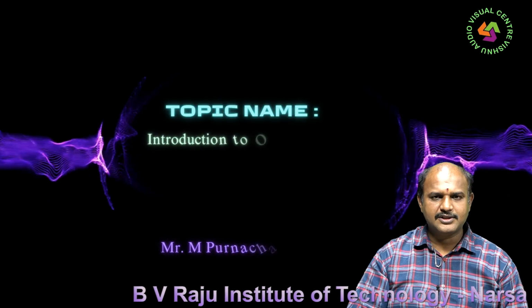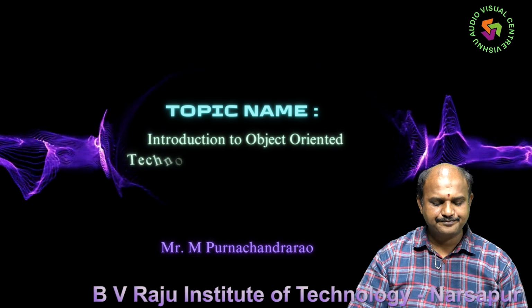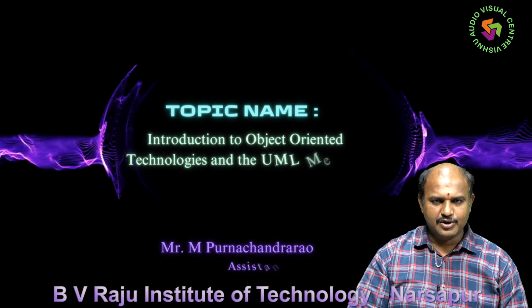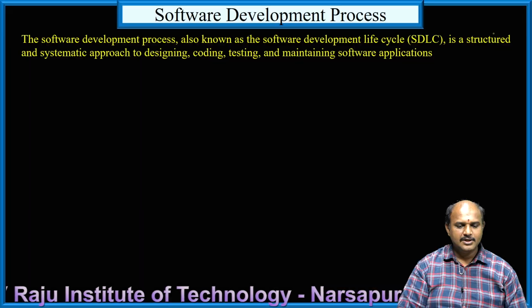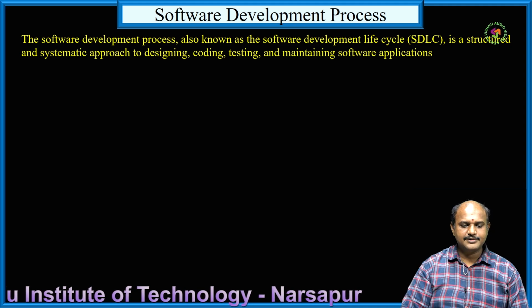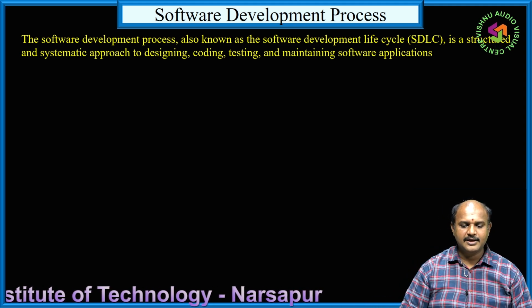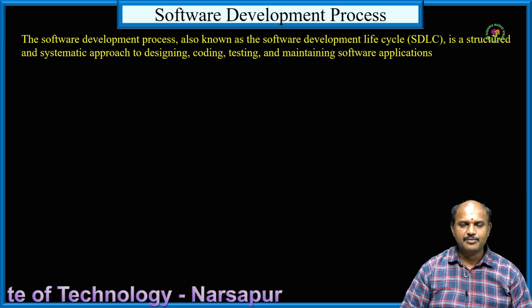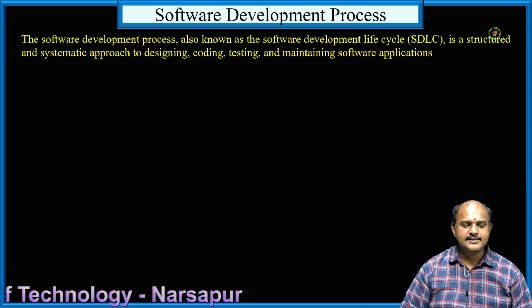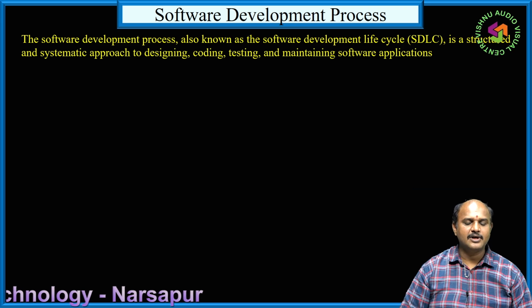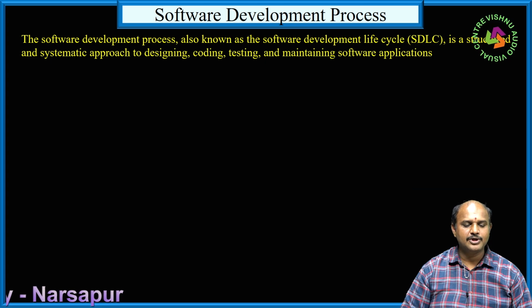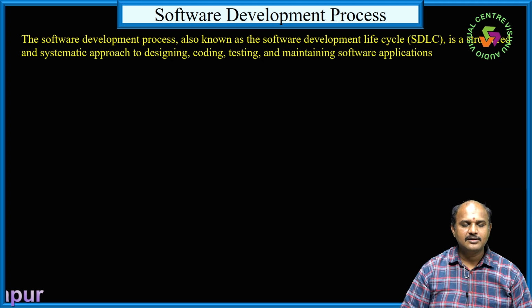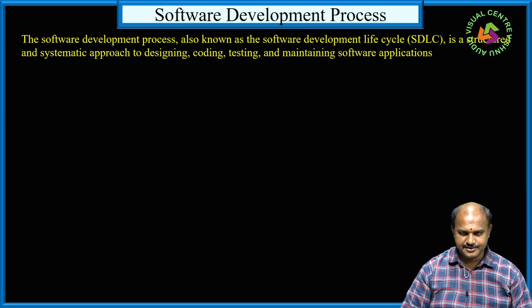The first concept is the software development process, known as SDLC, the software development life cycle, which is a structured and systematic approach to design, coding, testing, and maintenance of our applications.